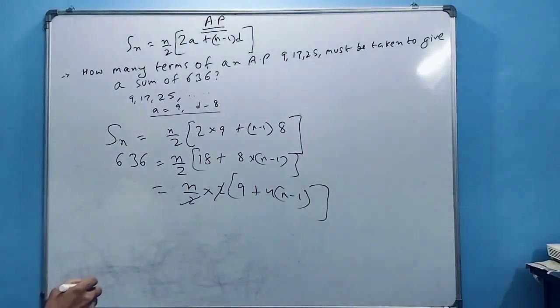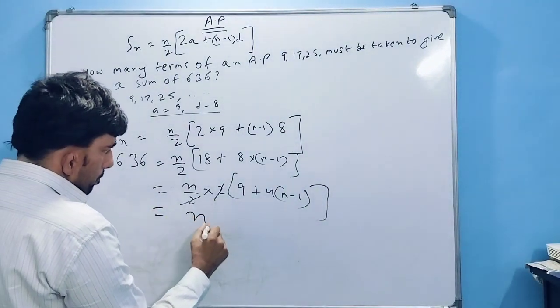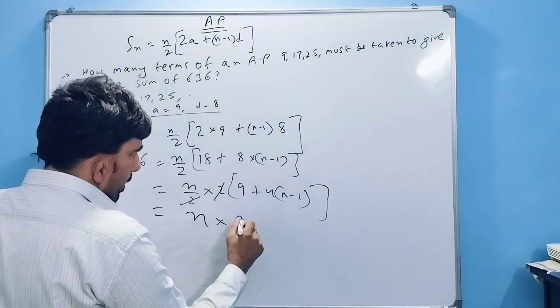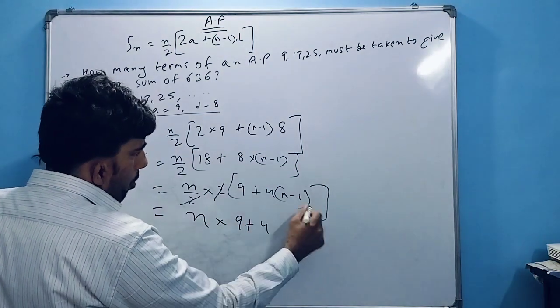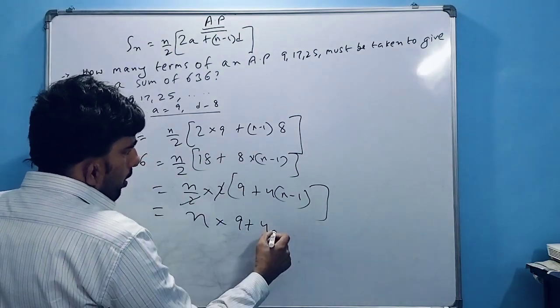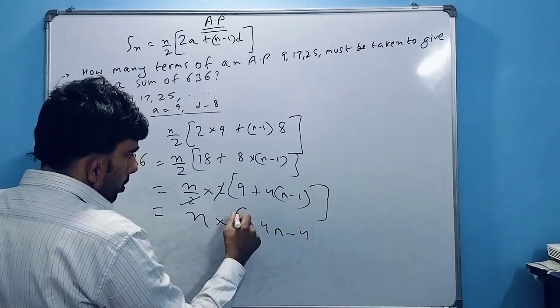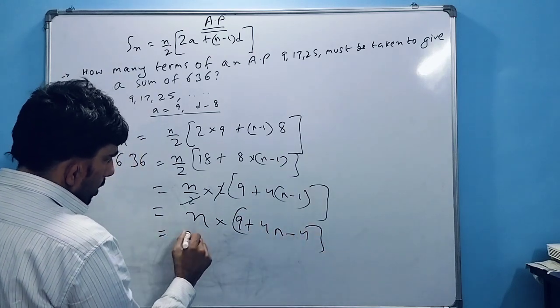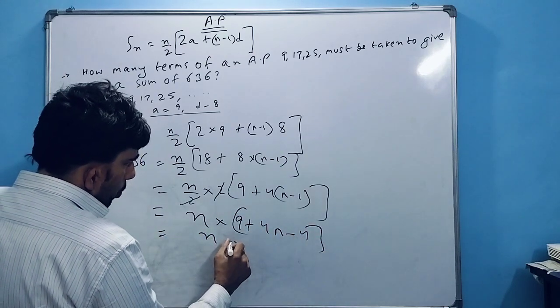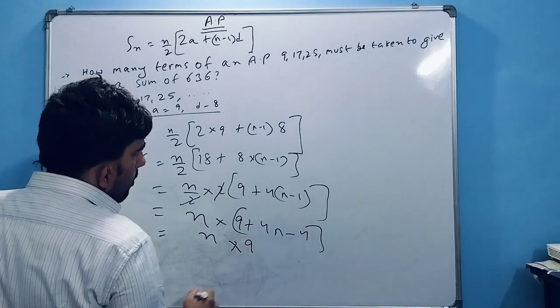Okay. So I got this. Now what you can do? You can just multiply 4 in 4 here. 4n minus 4. So I got this. N into 9.